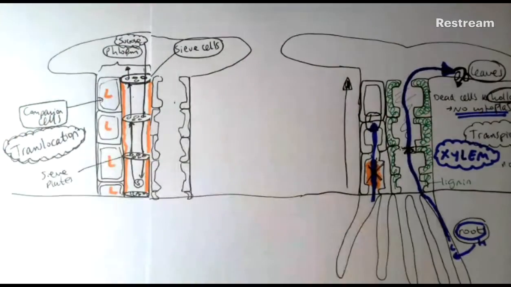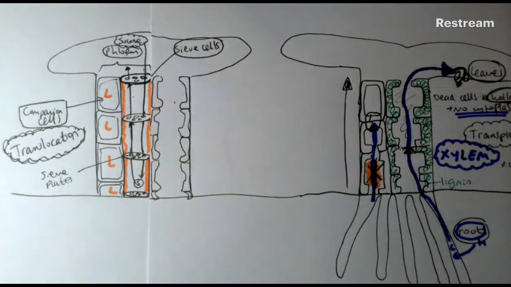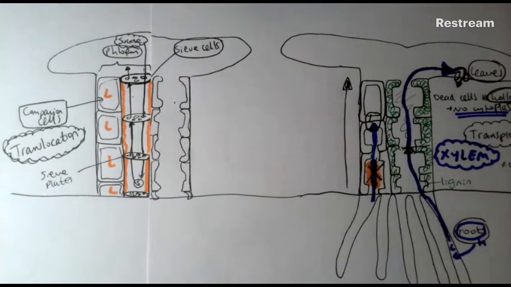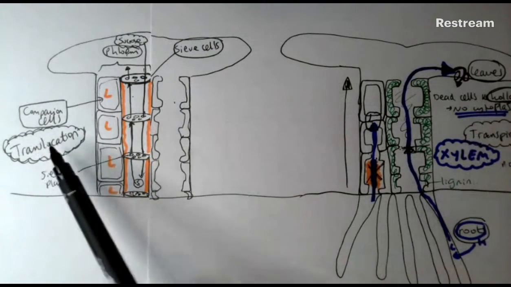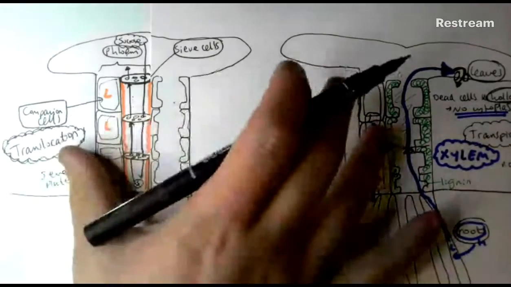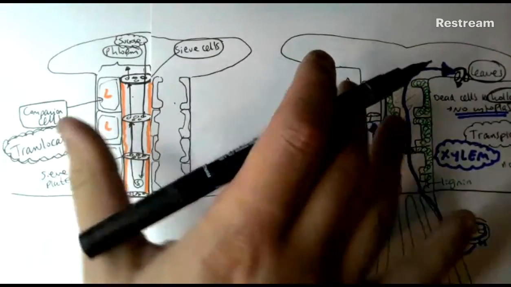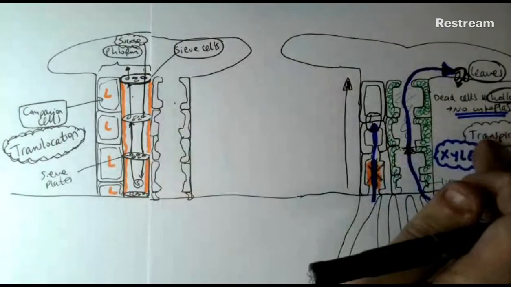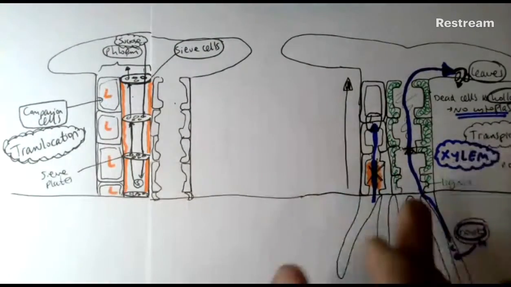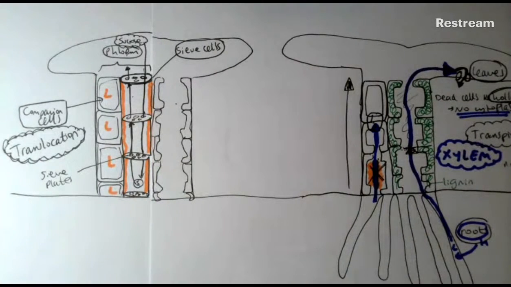A few years ago, I marked a mock paper where you had to compare the phloem and the xylem, or transpiration and translocation. One of the pupils spoke perfectly about both, but instead of calling transpiration, they called it translocation. They called translocation transpiration, and the mark scheme said I could give them no marks.